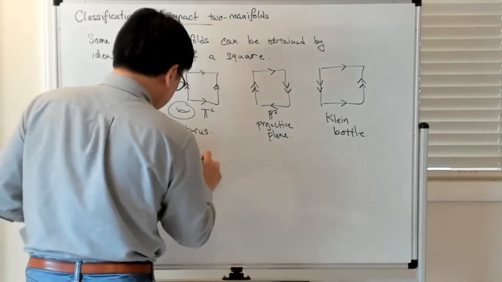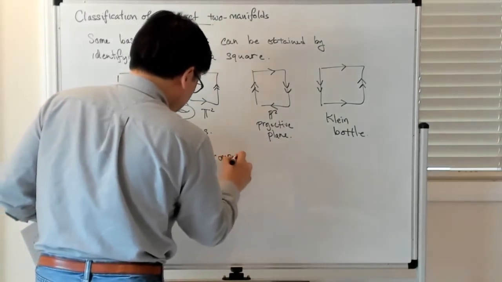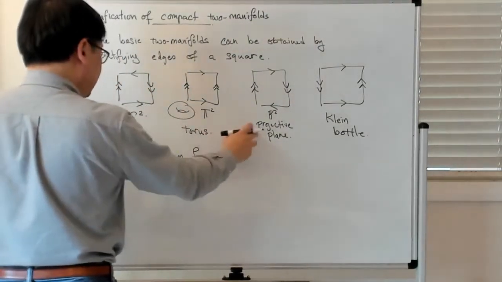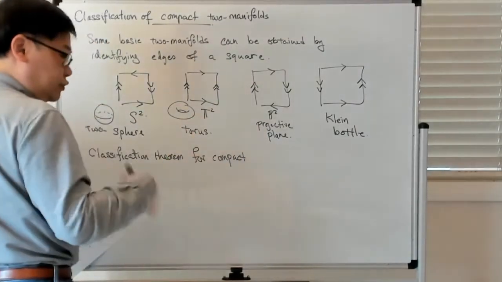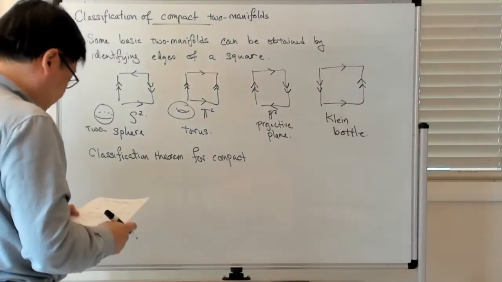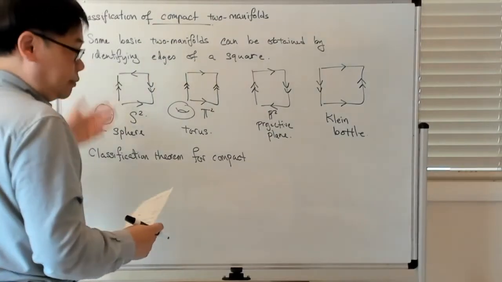The classification theorem for compact two-manifolds is that they can be obtained by considering these three, as well as connected sums of them.